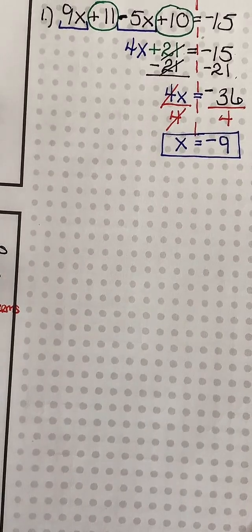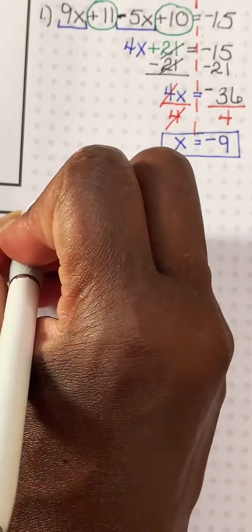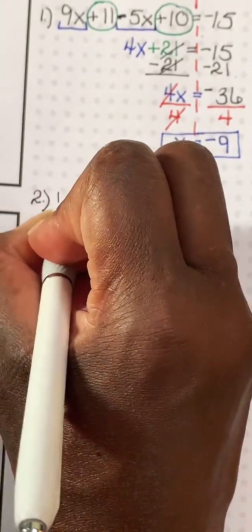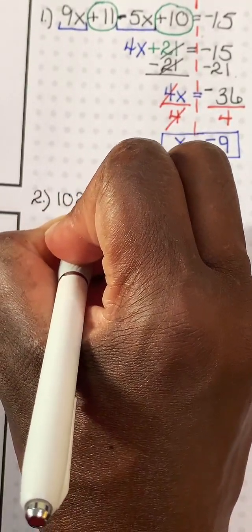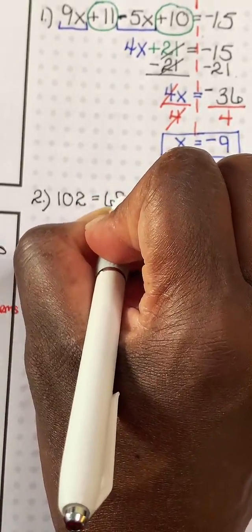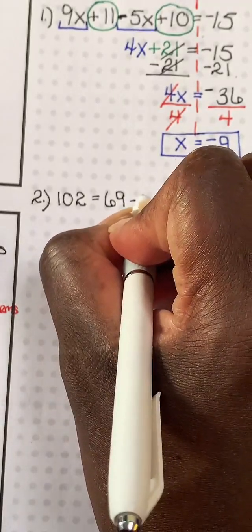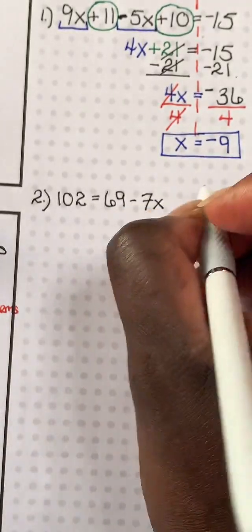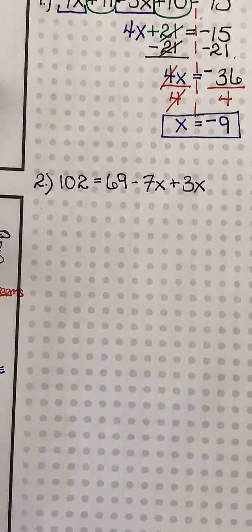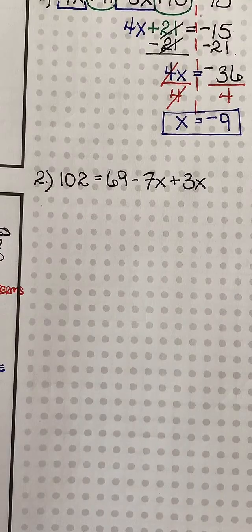All right, so let's take a look at another one. So we have 102 is equal to 69 minus 7x plus 3x.